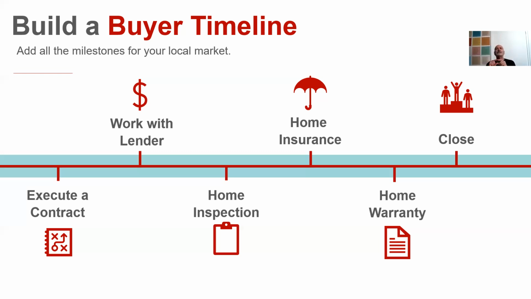This contract is an active removal of contingency, which means that you need to actively remove it, that your client has to sign the contingency removal for those particular contingencies and send it over to the seller.